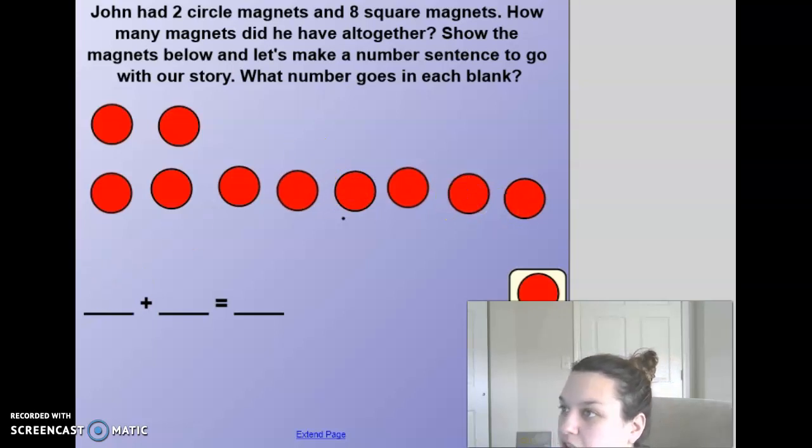Okay, so now I can write my number sentence. He had 2 circle magnets. He had 8 square magnets, which are right here. And let's count how many he had altogether. 1, 2, 3, 4, 5, 6, 7, 8, 9, 10.